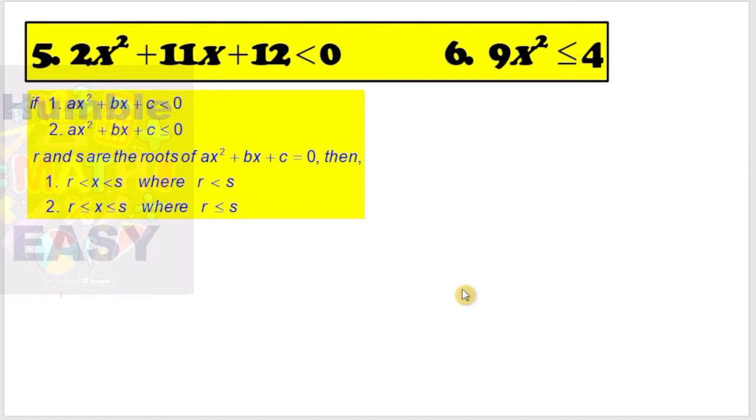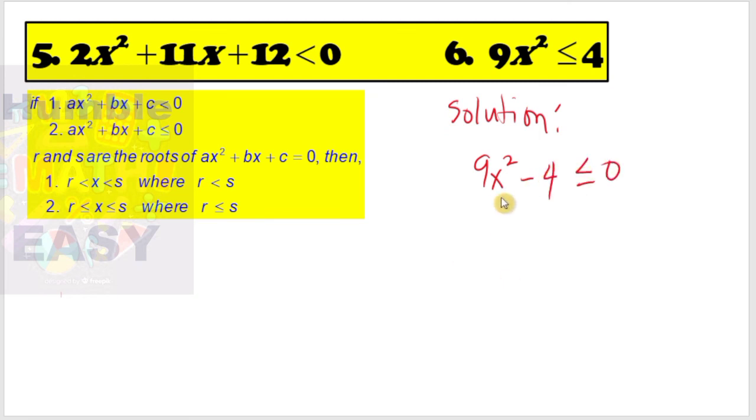So here it goes. We have given problem number 9: 9x squared is less than or equal to 4. To solve this further, we set the inequality to zero. So this becomes 9x squared minus 4 is less than or equal to 0.